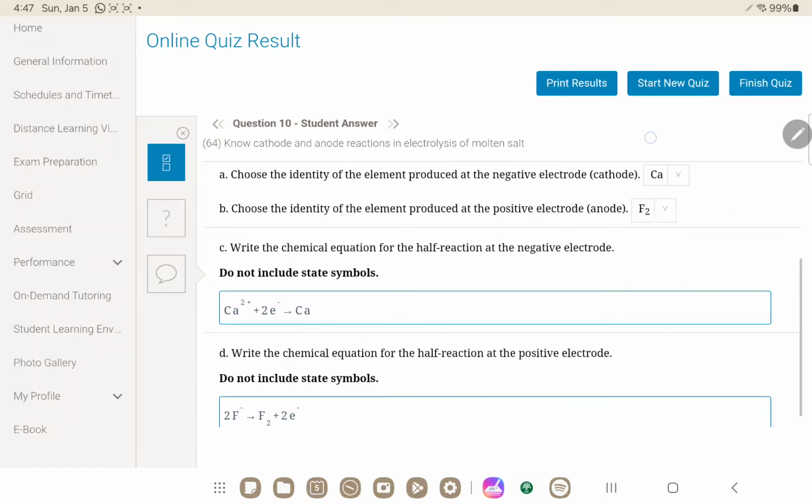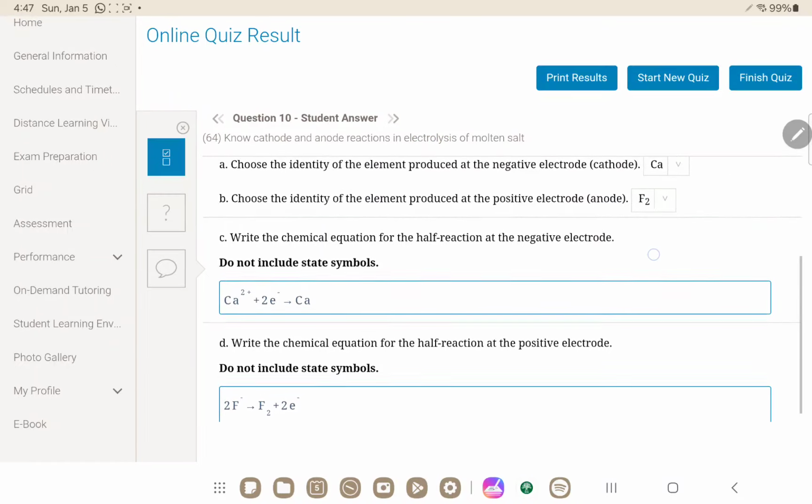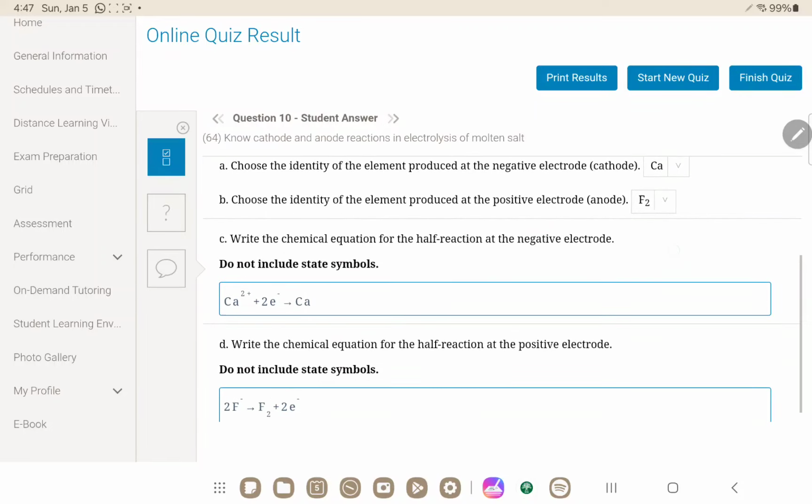Now for the next part, they're going to ask us the half reactions. I already told you that at the cathode, you're going to undergo reduction. Because we said in our video when I was explaining the CQDs, to remember it, it's red, fat, cat.